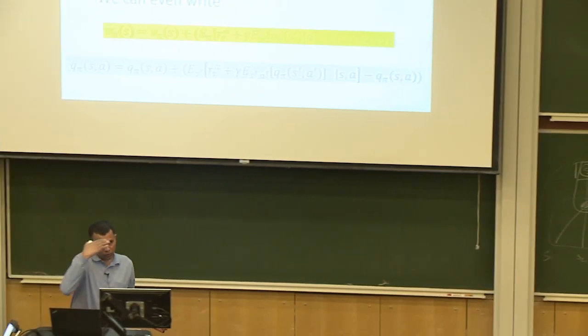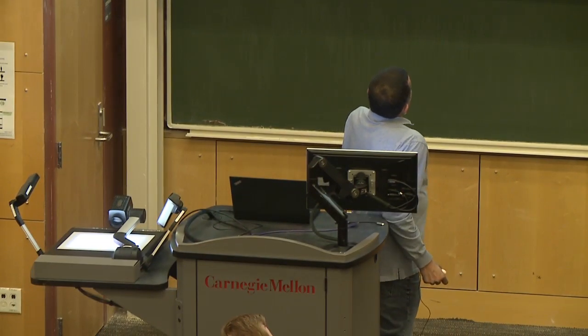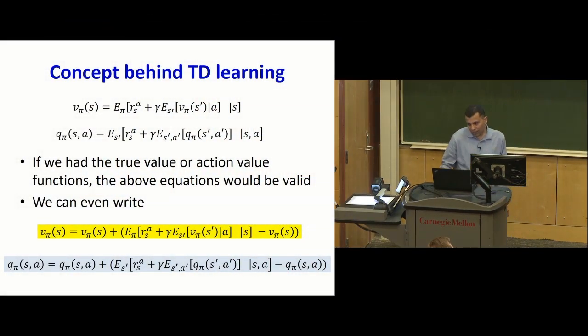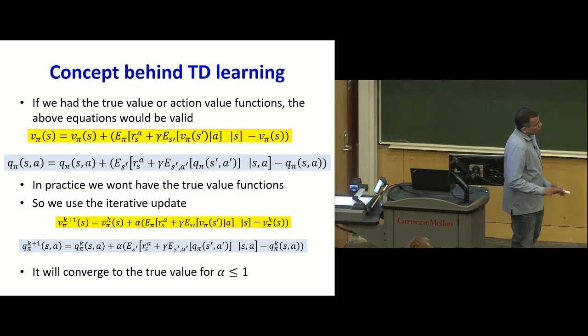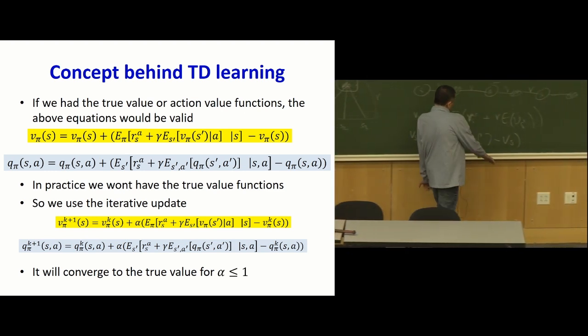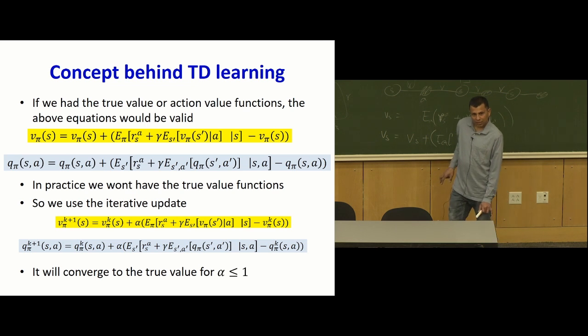So I can do this both for my value function and my action value function, and things are fine, right? So if I had the true value for the value function, this entire thing would hold, except that I don't really. So we're going to use this equation to update our estimates.